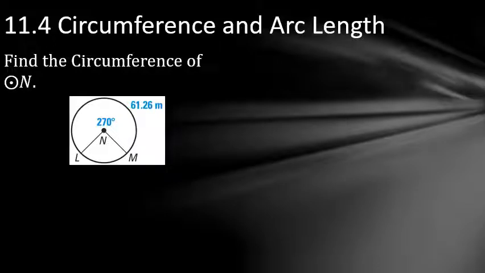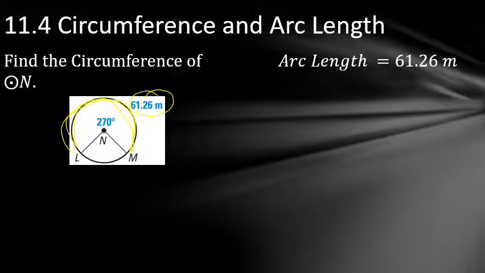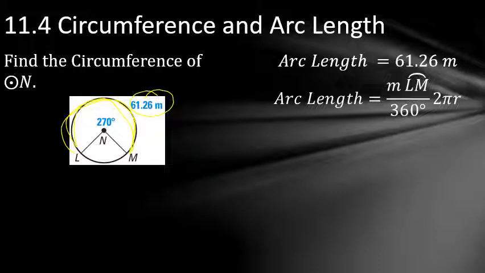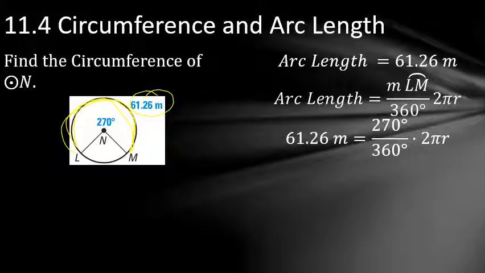Find the circumference of circle N. Well, this here is an arc length of that big arc, the one that's 270 degrees. So I know my arc length, so I can use the arc length formula. The arc length is 61.26, and the measure of the arc is 270.